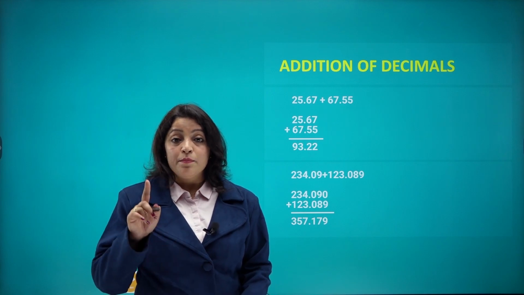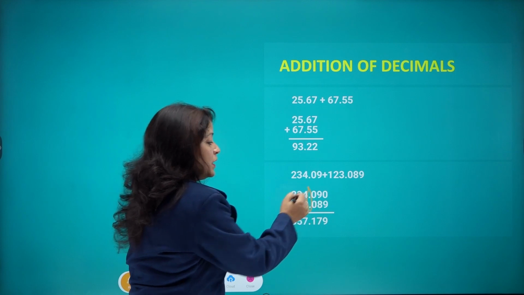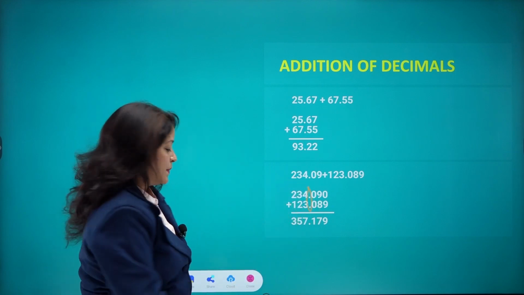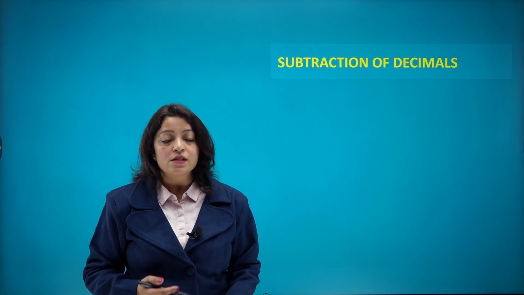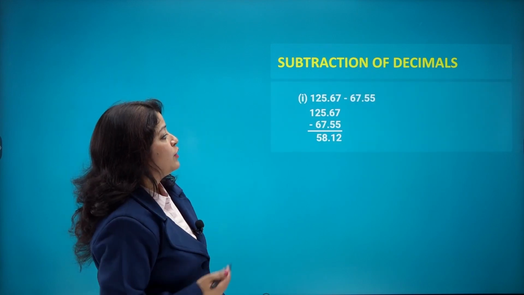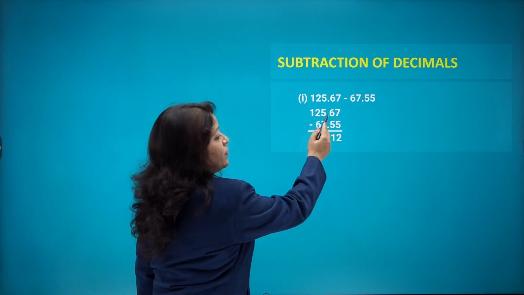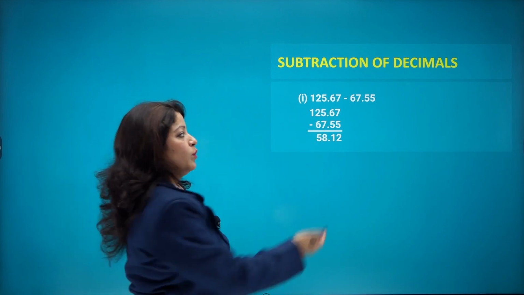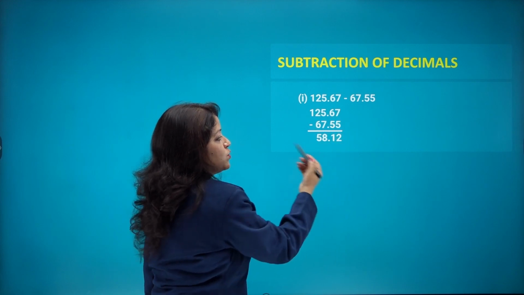So the basic important step here is the arrangement of the decimal. It should be below the previous decimal here. Also, let's see the subtraction of decimals with an example. When you have to subtract these two numbers, again the decimal is to be written below the decimal and we arrange the numbers and just do the normal subtraction as we used to do.